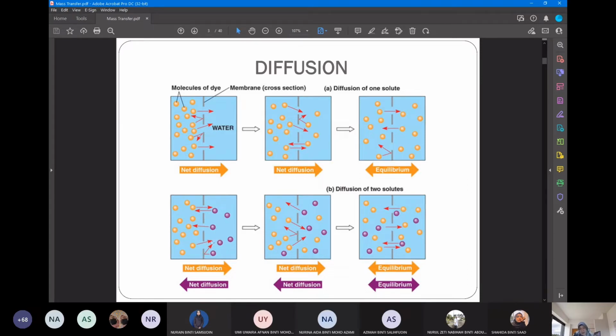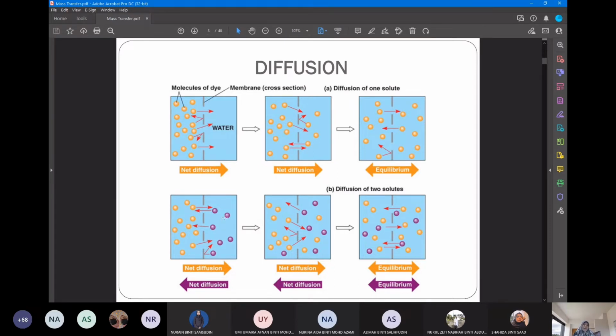So if you were to explain more than one molecule, or more than one component, you also have to explain something like that. In this situation, the concentration of water or the surrounding remains the same, except the concentration of molecules of yellow dye and the concentration of purple dye.